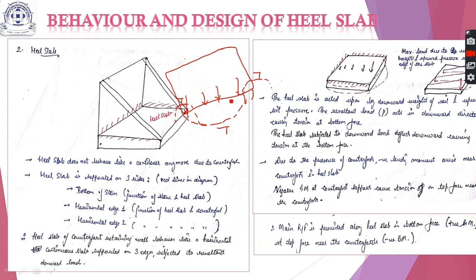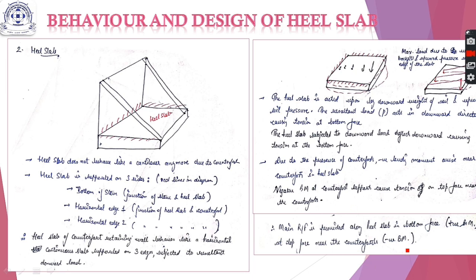This concept is exactly similar to that of a continuous slab or a continuous beam. So in this particular section of your heel slab, the tension will be on the outer face near the midspan, or the bottom face, and tension will be on the top face near the counterfort. So the reinforcements are provided accordingly.